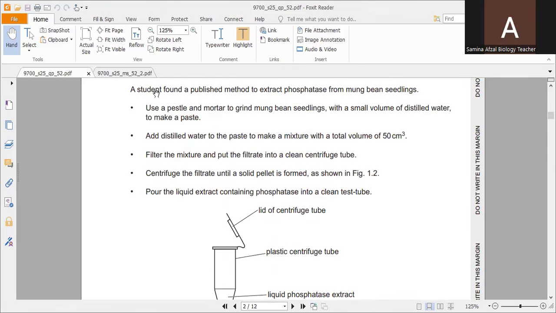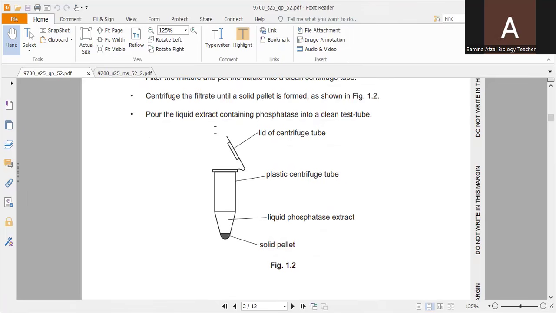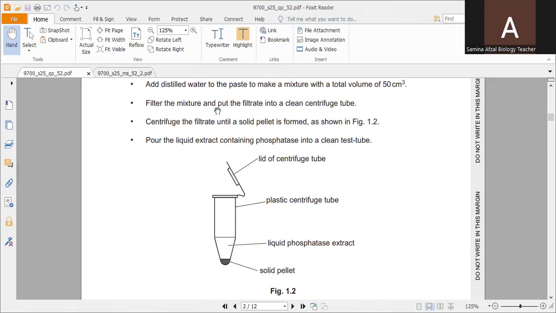Now, a student found a published method to extract phosphatase from mung bean seedlings. Use a pestle and mortar to grind mung bean seedlings with a small volume of distilled water to make a paste. Add distilled water to the paste to make a mixture with a total volume of 50 cubic centimeters. Then filter the mixture and put the filtrate into a clean centrifuge tube.